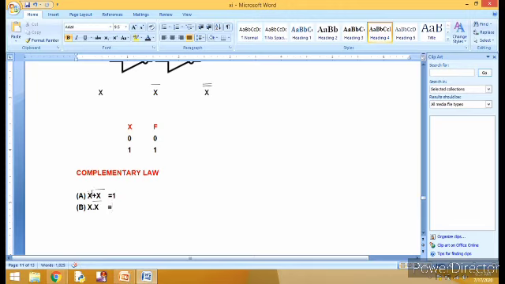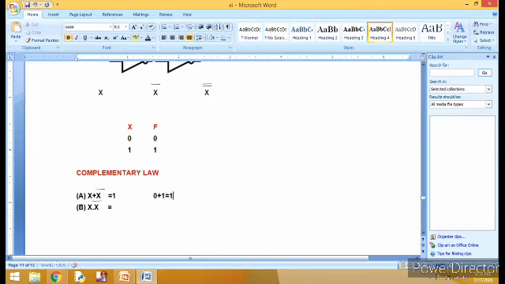Suppose x is 1, so we are talking about the next input. If the value of x is 0, then 0 plus 1, this will be it, right? If we take this value as 0, then its inverse is 1.